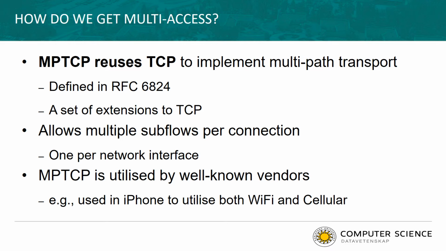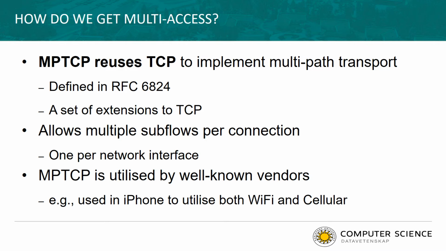So MPTCP reuses TCP to implement multipath support. And multipath TCP is defined in RFC 6824. We are now in the process of getting an update to the protocol with some enhancements and smaller modifications, but the basic principle will still remain the same also in the updated specification.